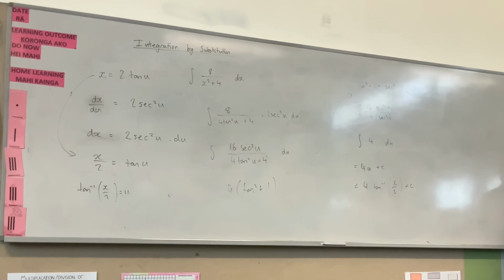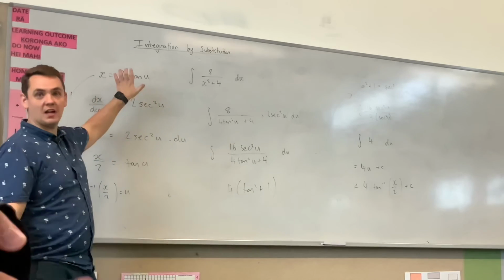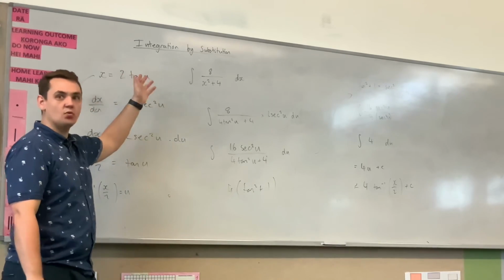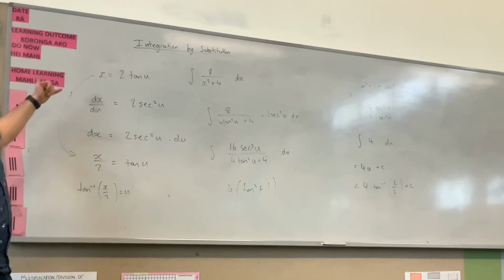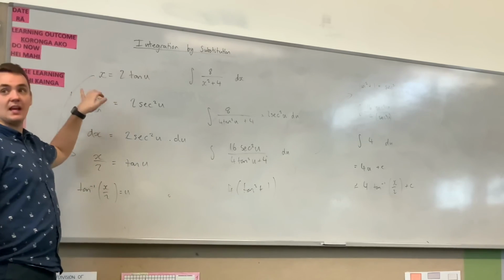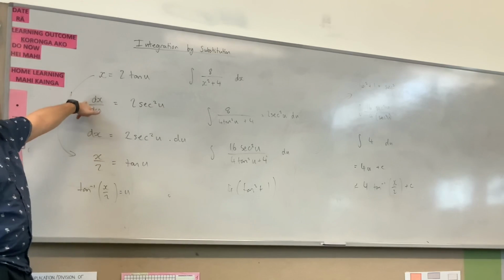Fun times. Okay, so what were the key points? Replace the terms that are x with the identity they've given you, or a rearrangement if necessary. Differentiate it so that you can get what dx is equal to, but be careful, it can either be du over dx or dx over du.